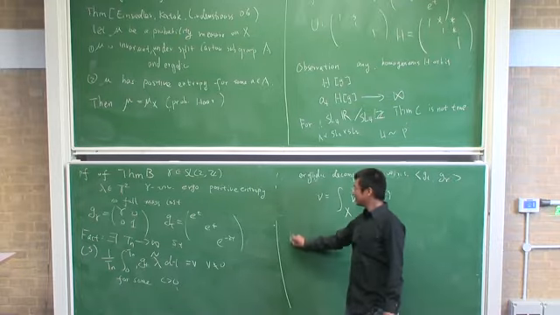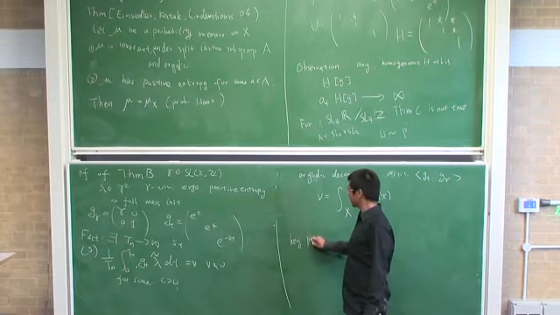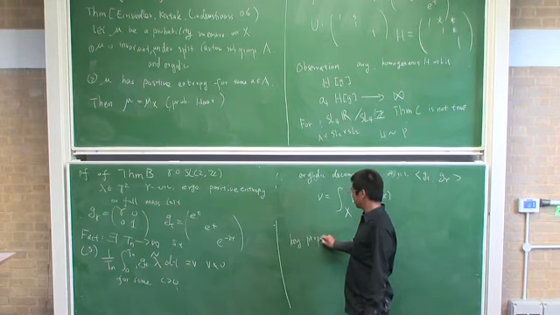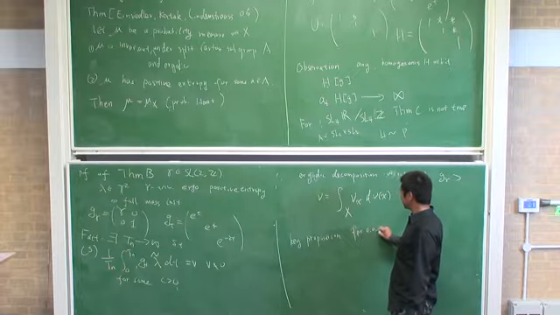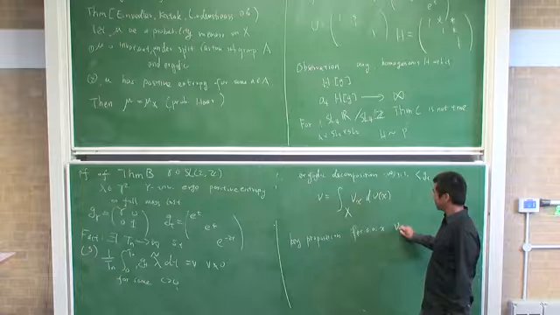So the key proposition would be the following. For almost every x, the probability measure has a positive entropy.